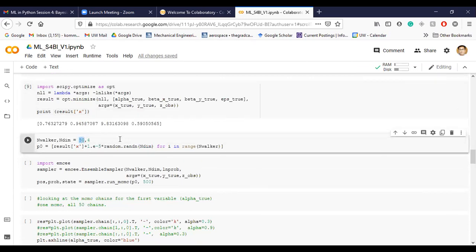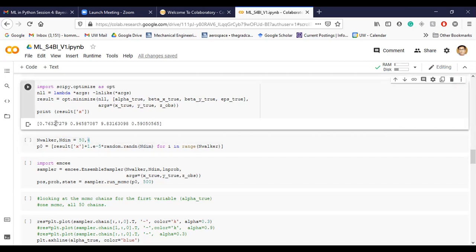In the GIF which we had, we took 3 samplers, right? And in this example, let's take 50 samplers. So we'll have 50 Markov chain Monte Carlo samplers, and we know that we have 4 parameters, so we have 4 dimensions. These 4 dimensions are alpha, beta x, beta y, and epsilon.